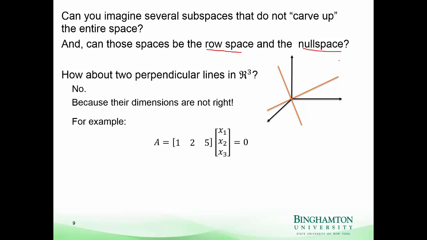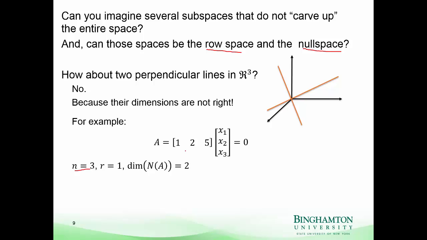So let's look at this case here. Here's a simple 1 by 3 matrix A. And if you look at this, we've got n equal to 3. This is an m by n, so m is 1. And we can see that the rank of this is equal to 1.